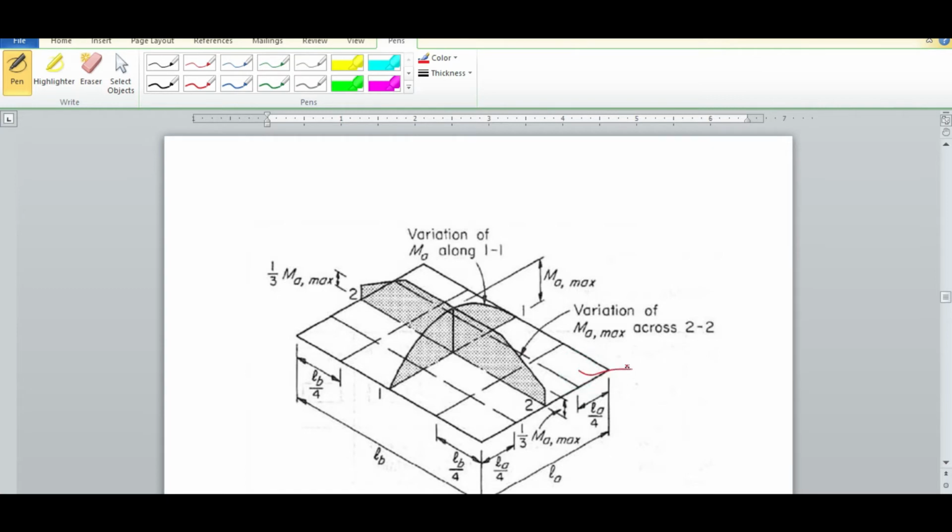For edge strips, if you want to design them separately, then you can design them for 1/4 of the maximum moment. Otherwise, if you provide the same reinforcement details in accordance with the central strip, then it will be fine also, because you are on the higher side. That means you are providing more safety.